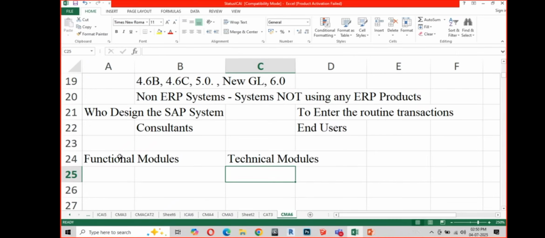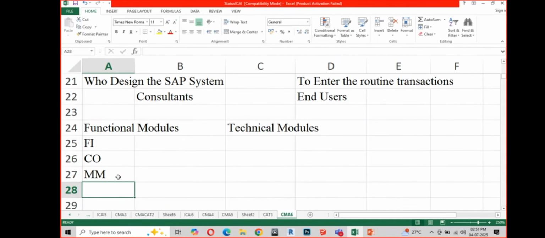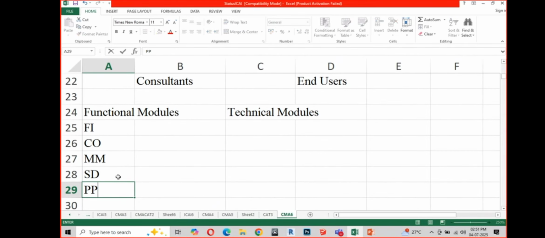Basically, the departments which are actively involved, like your finance department, management accounting, materials management, sales and distribution, production planning, project systems, HR department.